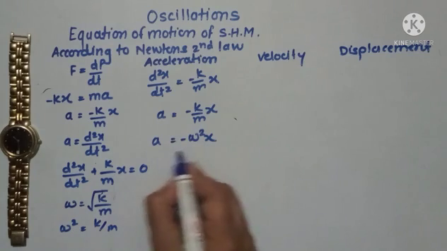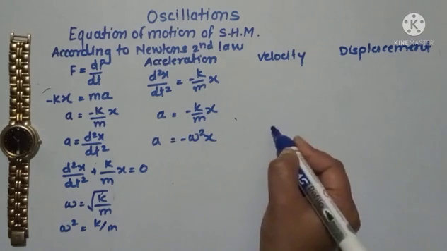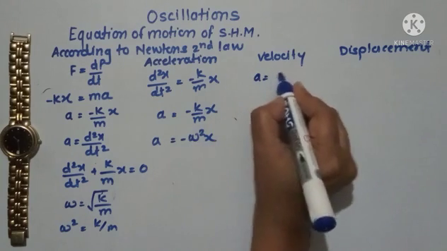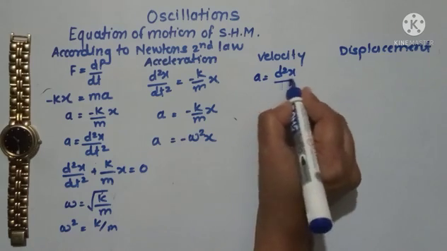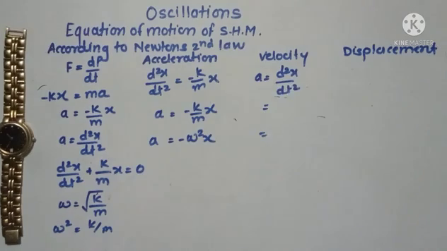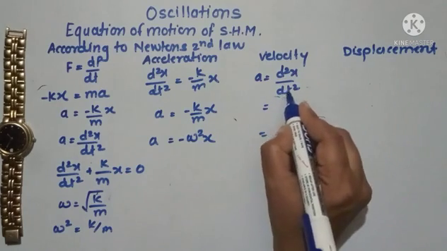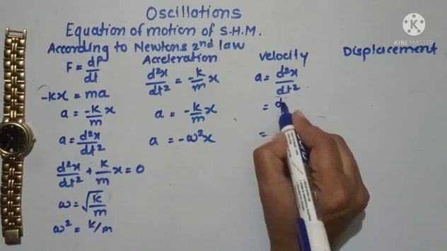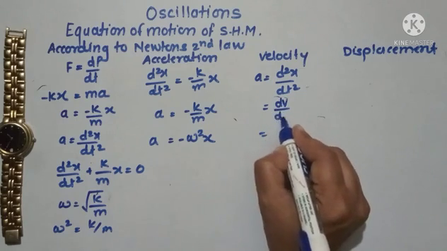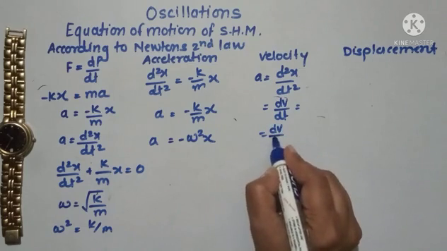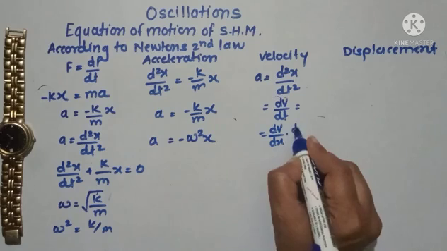Now from this equation we can calculate velocity also. We know that acceleration is equal to d square x upon dt square. I can write this d square x upon dt square as dv upon dt, and I can write this as dv upon dx into dx upon dt.